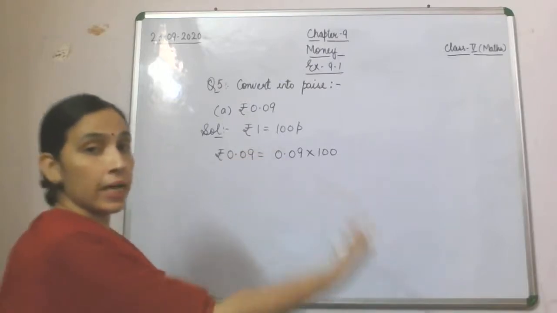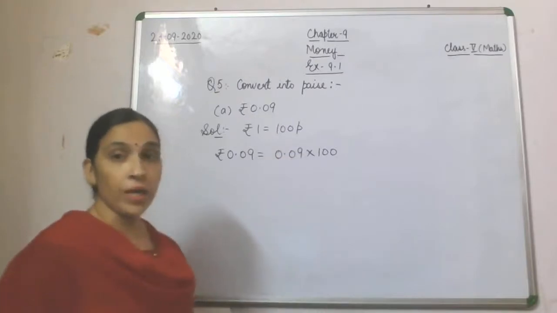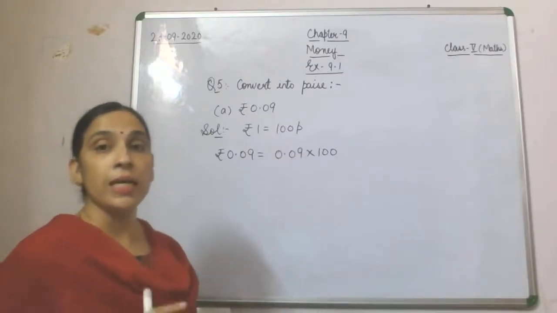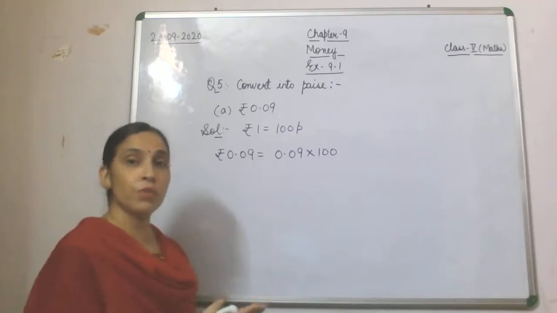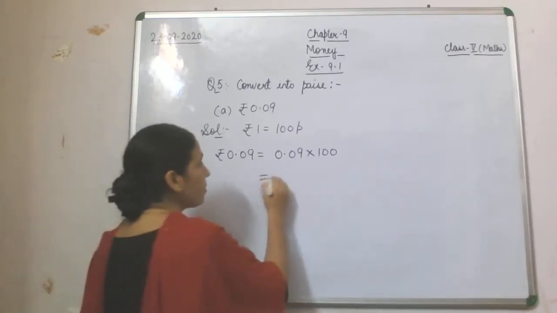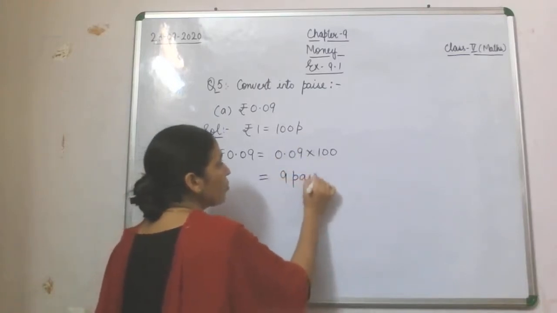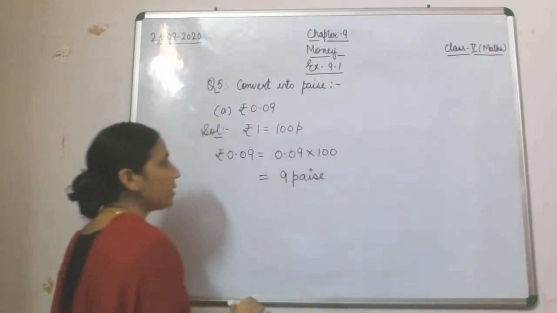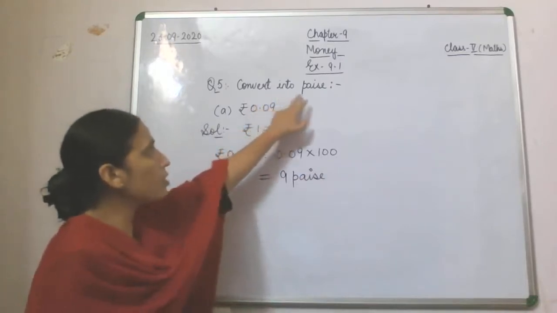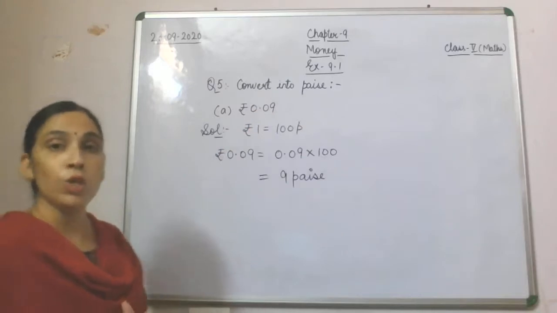Fine? Now here we have 2 zeros. It means the decimal will shift 2 places towards the right. So this will become 9 and the unit will be paise, because the question only asks to convert into paise. The question is already given in rupee.